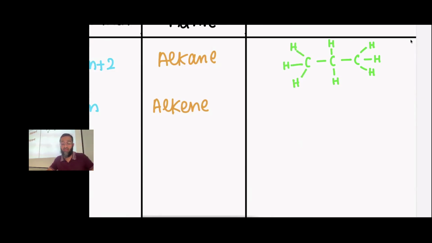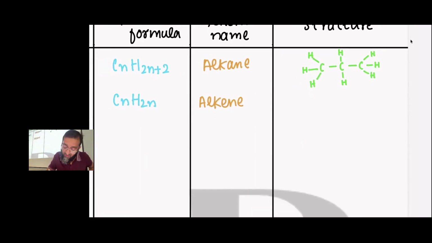In alkene, there are again only carbon and hydrogen, but there is a double bond, and the double bond is the functional group.